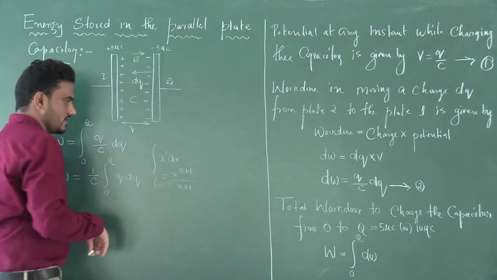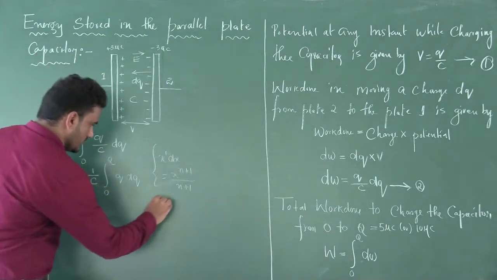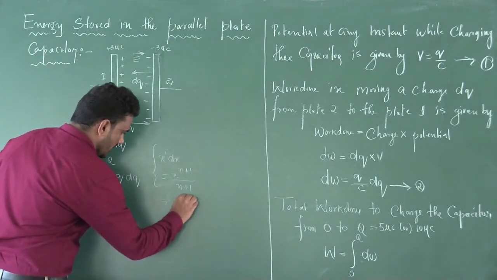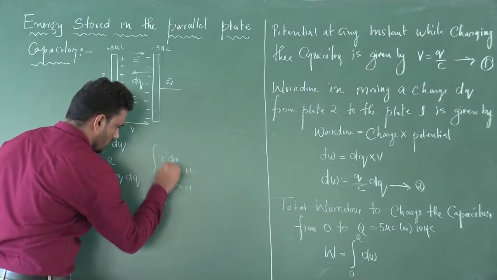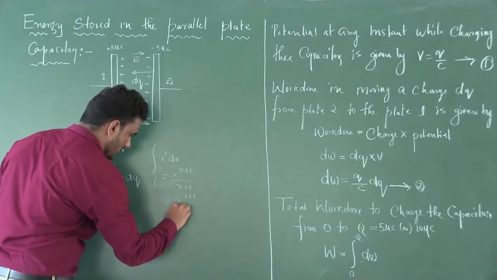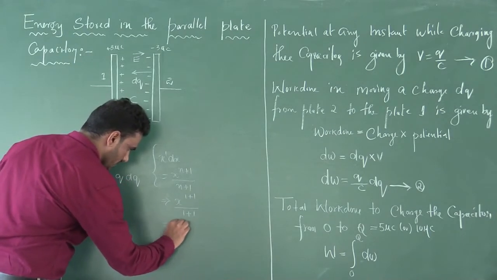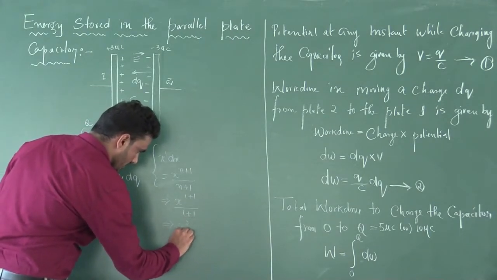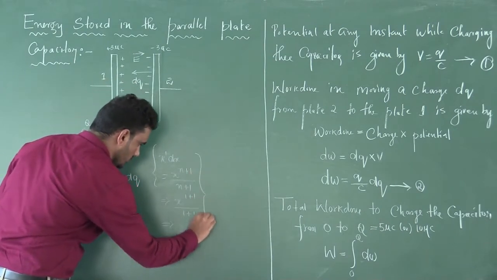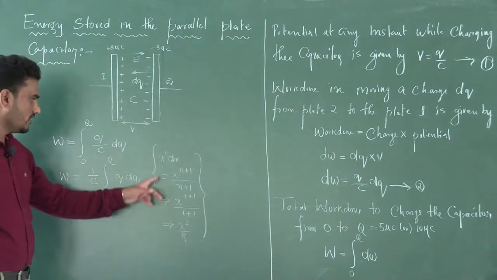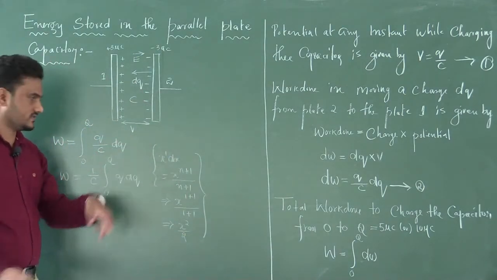So here the power is 1, so we get x square divided by 2 for the integration of x into dx.